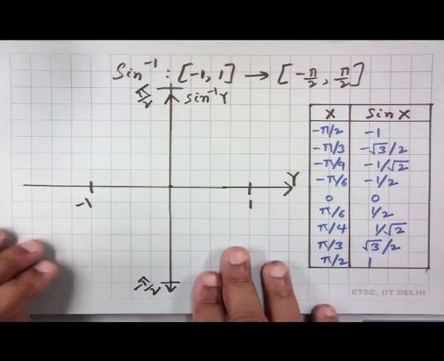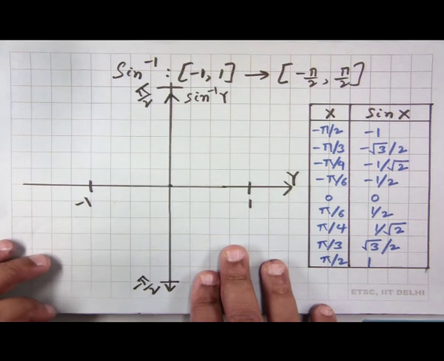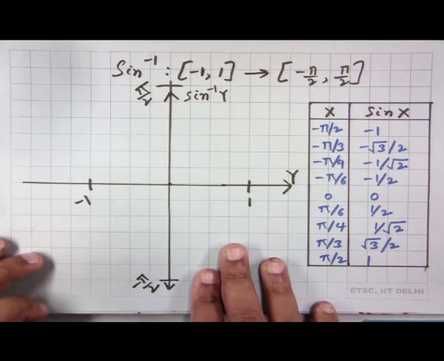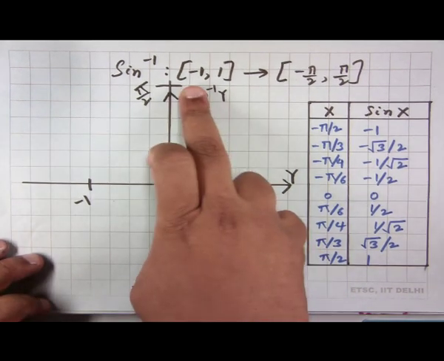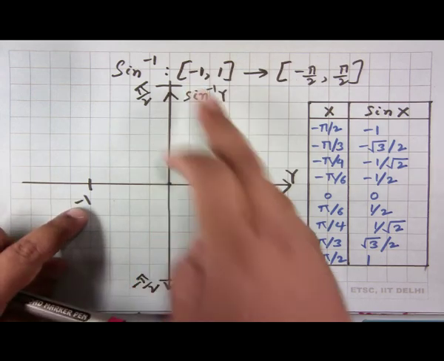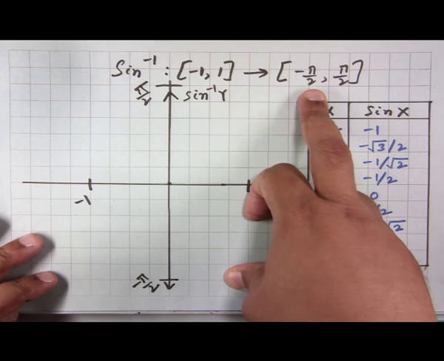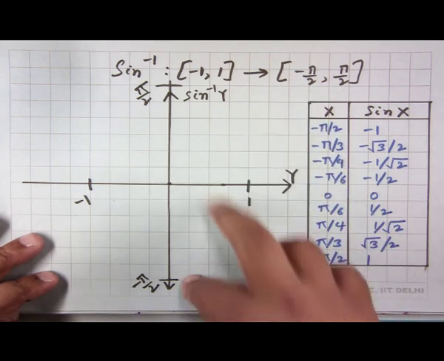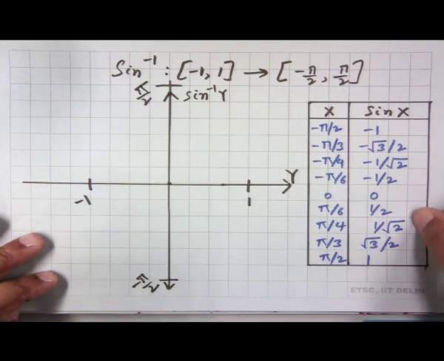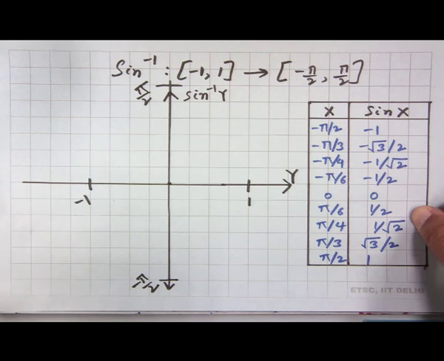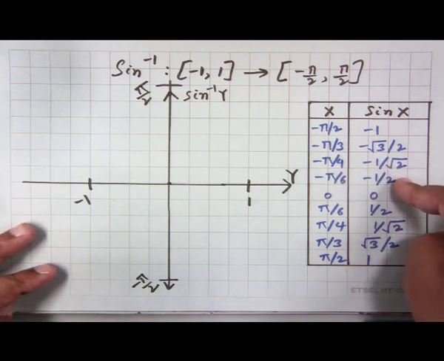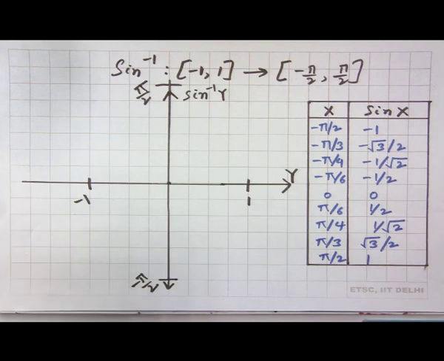So, in this graph we are going to plot the sine inverse function, whose domain will be the closed interval between -1 and +1, and the range will obviously be the closed interval between -π/2 and +π/2. Here is a table of x versus sine inverse x values which will help us to plot this graph.